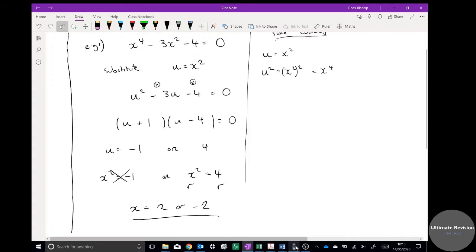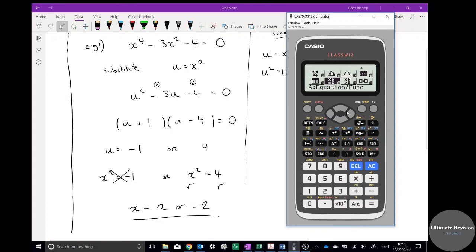I can always go back and check in the calculator. If I go menu, equation mode again, polynomial, this is a degree 4. So it was 1x to the power of 4, no x cubed, minus 3x squared, no x, and negative 4. 2, negative 2.